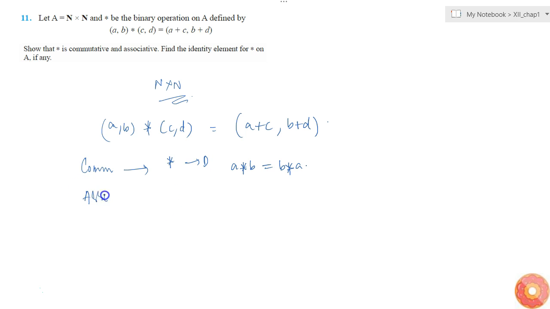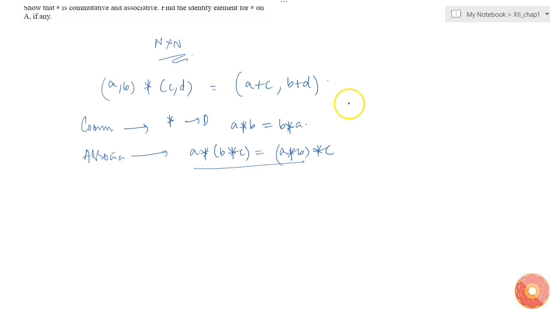Now for associative, if a star (b star c) is equal to (a star b) star c, then the operation star is said to be associative. So let's check in this case.